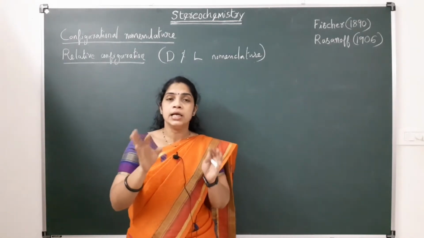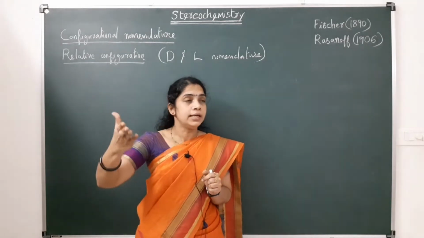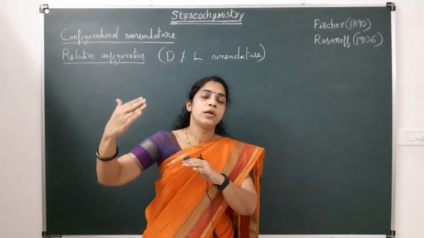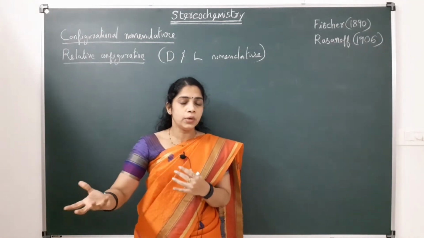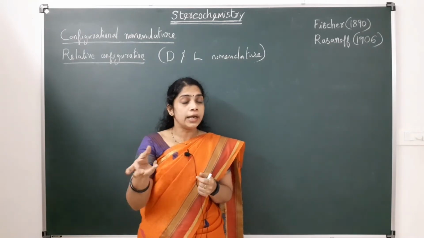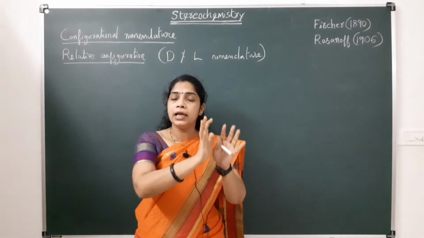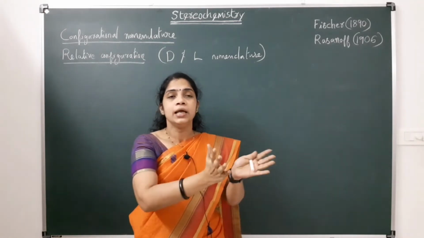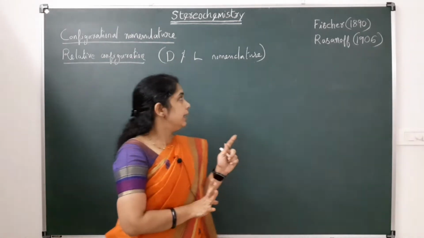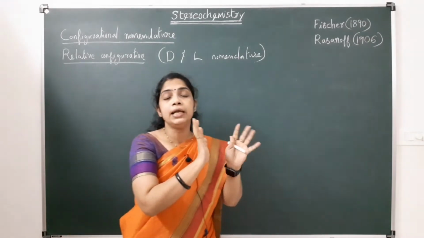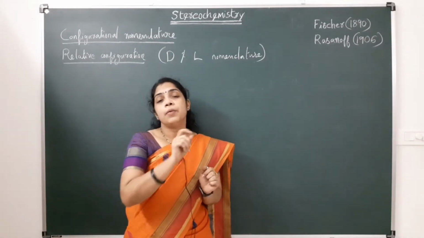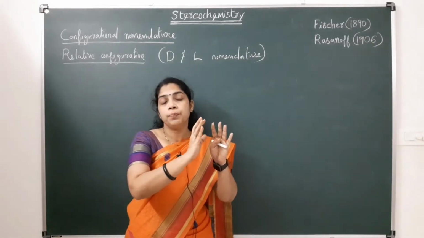Plus glucose means the glucose molecule that rotates the plane of plane polarized light towards the right, dextrorotatory glucose. He arbitrarily assigned the configuration capital D to this plus glucose.